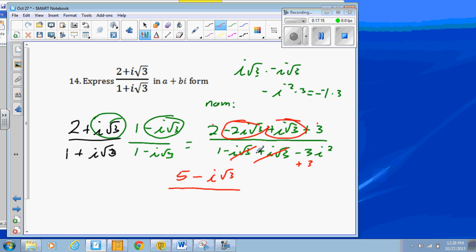They always do when we use conjugates. 1 plus 3 is 4. So the final answer I would write for this is 5 over 4 minus the square root of 3 over 4 times I. That's 3 right there. And that would be the final answer to the problem.